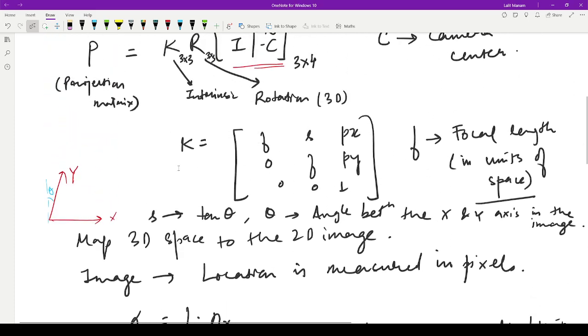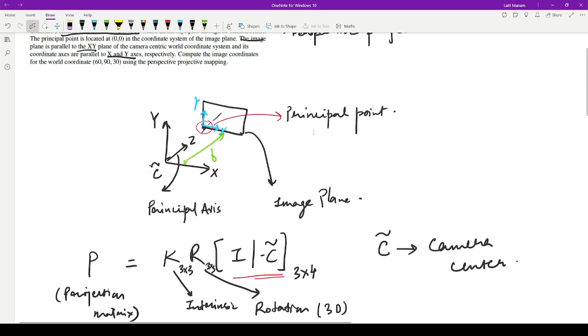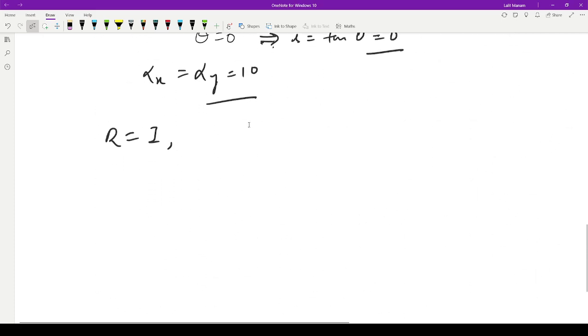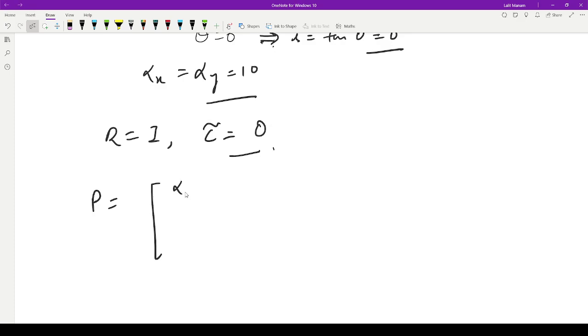And next, if we check for C tilde, which is the camera center, it is also assumed to be at the origin, which means it's a zero vector. So given this, our projection matrix looks like what? We'll just replace the different components that we reduced. I directly write 10 0 0, 0 10 0, 0 0 1.